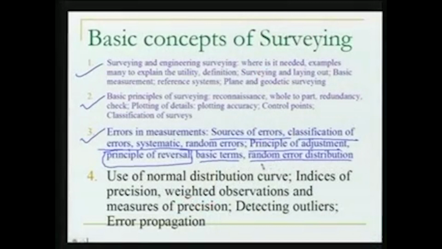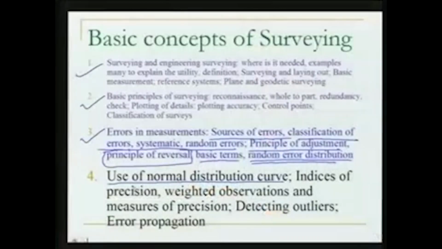So in today's lecture, we will look in a little more detail at random error distribution, while mostly we will be talking about the use of the normal distribution curve, because we know our errors follow this pattern. We can assume it very safely. So we will try to make use of this normal distribution curve.